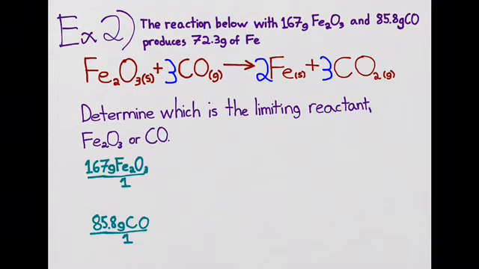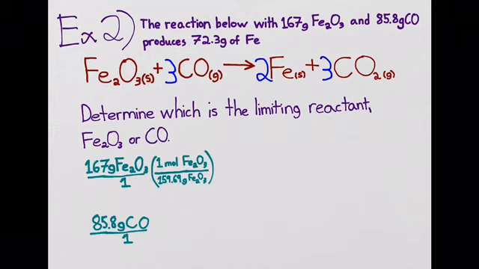Starting with the top equation, we are going to cancel out the Fe2O3 grams with 1 mole of Fe2O3 over 159.69 grams of Fe2O3, which, as you can see, the grams cancel out.